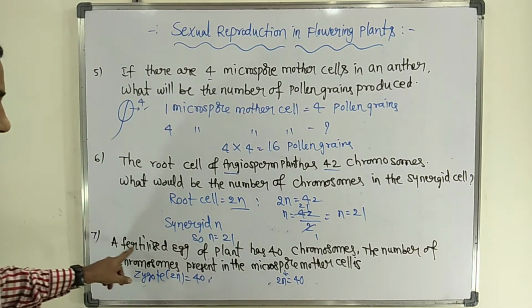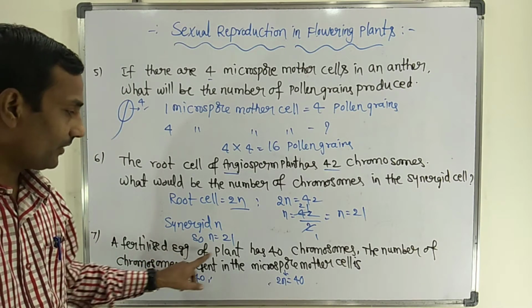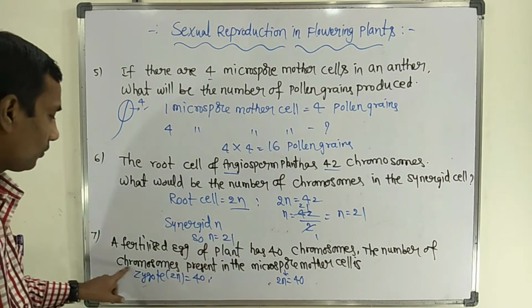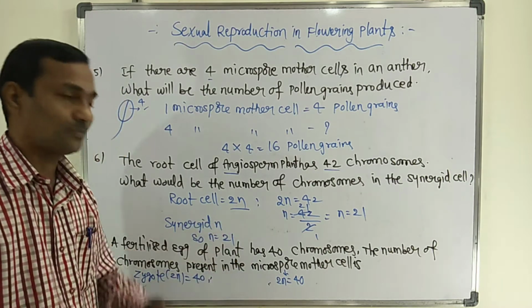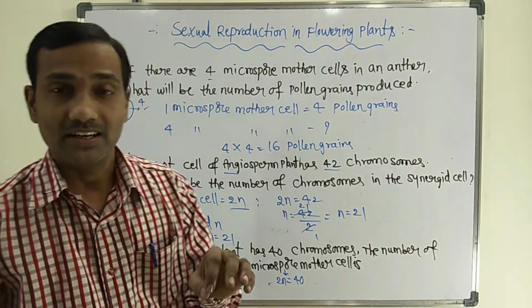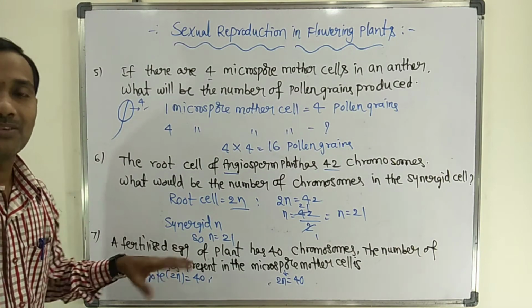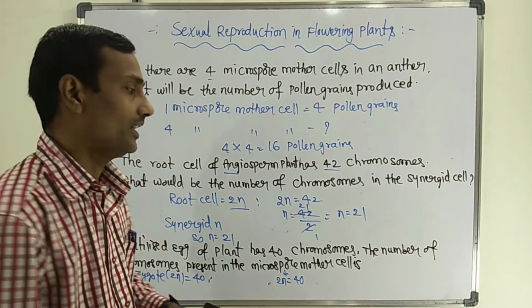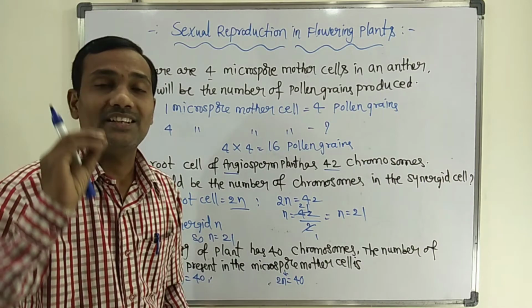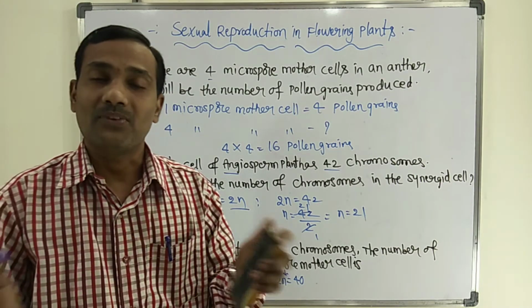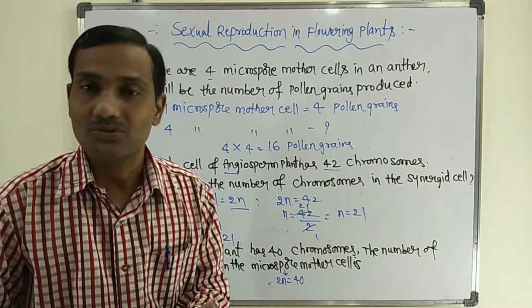The next question: a fertilized egg of a plant has 40 chromosomes. What is the number of chromosomes present in the microspore mother cell? The question gives a fertilized egg, which we have to consider as a zygote, because after fertilization the egg cell converts into a zygote.